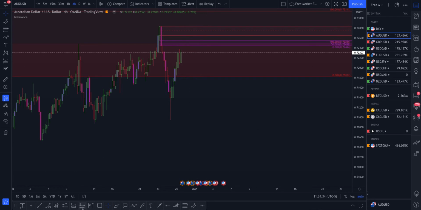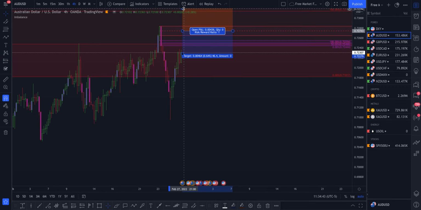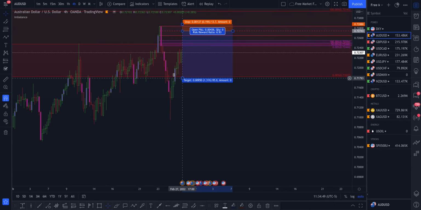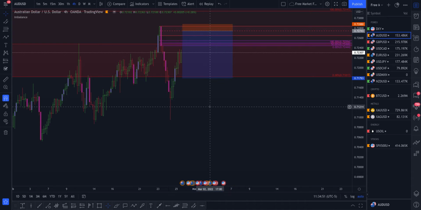So let's say this pair does come back up and respect this 4-hour supply zone. I'd be looking to take the trade at the 50% and maybe target this imbalance if it has not already been filled.